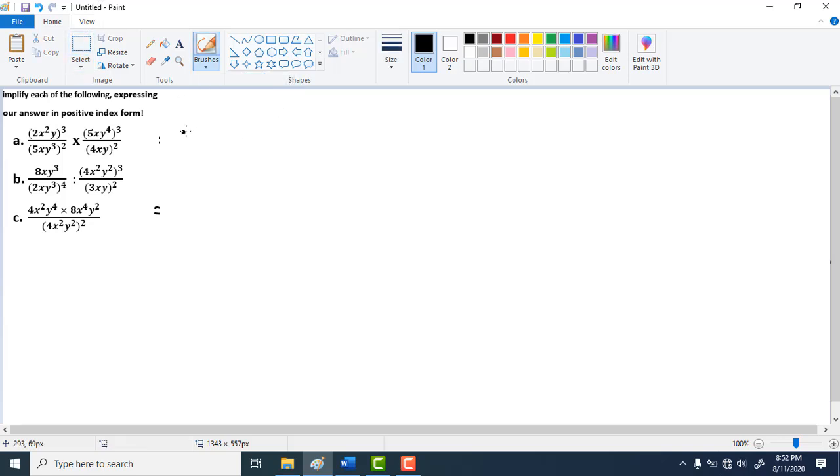Okay, C. 4x square y to the power of 4 times 8x to the power of 4 y to the power of 2 over, okay, there are brackets, so we need to expand inside the bracket. 4x squared y squared to the power of 2 means 4 to the power of 2, 4 times 4, 16, and then x to the power of 2 times 2, 4, y to the power of 2 times 2, 4.